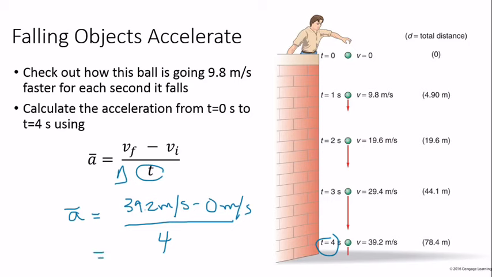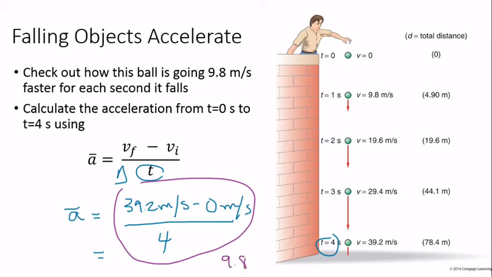Drum roll. Plug that into my calculator. Not so surprising, if I divide 39.2 by 4, I do get 9.8.